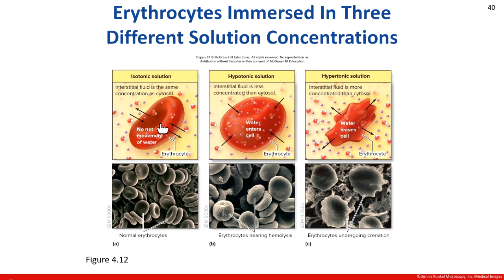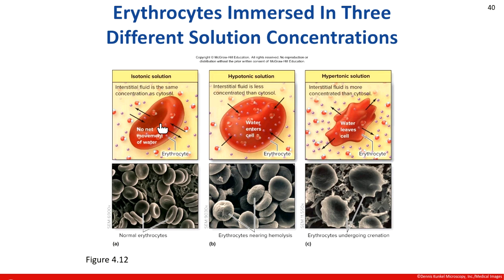What that means is the solution has the same exact number of solutes outside that cell as inside the cell. So knowing that, if you have the same concentration of solutes both inside and outside the cell, and we know that water always wants to move towards the area of greater solute concentration, will we get movement of water? And if we do, where will it go?